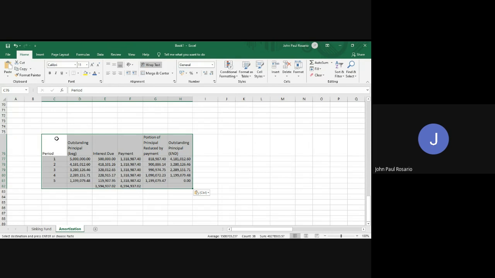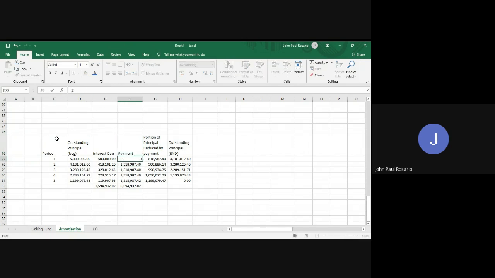So what if daw, ingon ang imuhang creditor, pay me 1.5 million every year, and then for the last payment, less na rin siya sa 1.5. So for example here, 1.5 million.